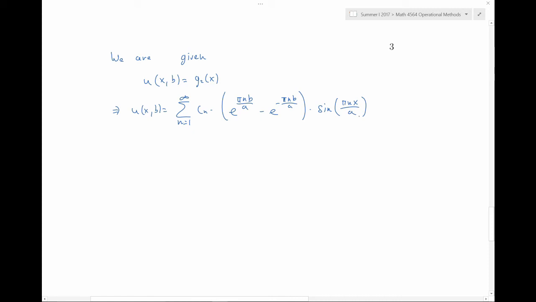So we see it's almost the sine series for the function g2 of x. But there is this coefficient in front.